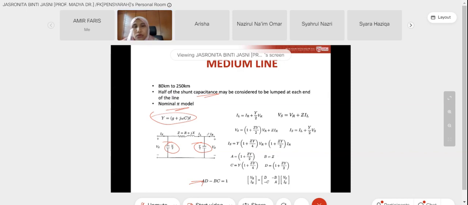Try to get this equation back. IL, what is IL? IL is here. IL is the total current, right? Current in equals current out, correct? So the total is this with this.